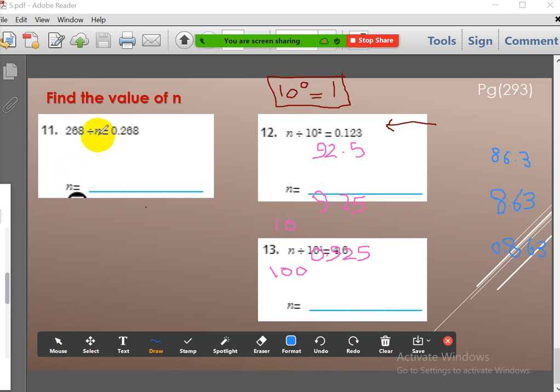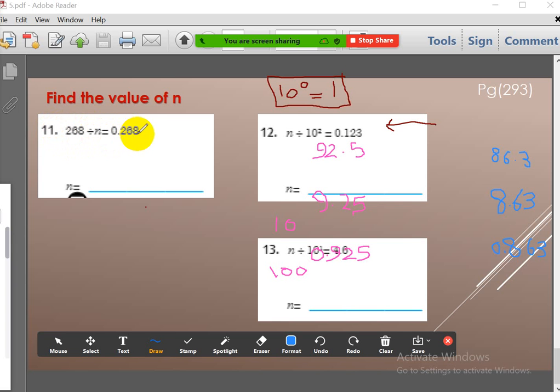What is the number here? n is a divisor, a number that I will divide 268 by. The answer will be 0.268.